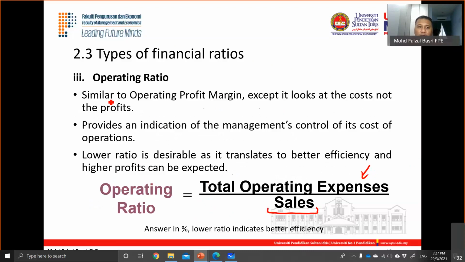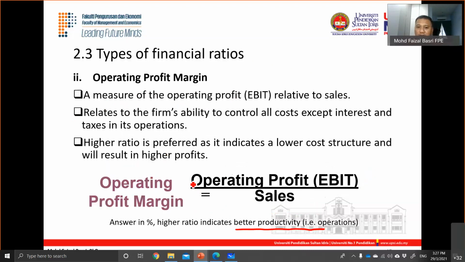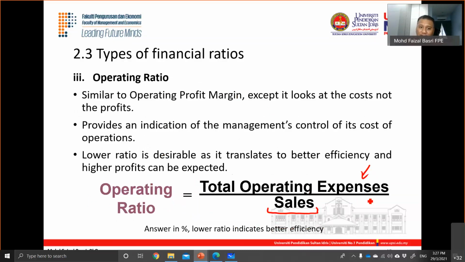So the indication here is that this is quite similar to the operating profit margin, which is the second one that we've done just now. But instead of profit, we use expenses. So therefore, since we are looking at the expenses point of view, the ratio should be as low as possible, because we are looking from the cost point of view.